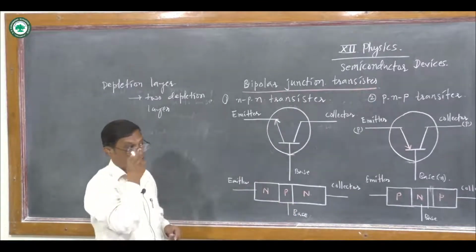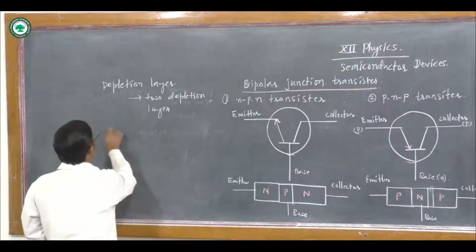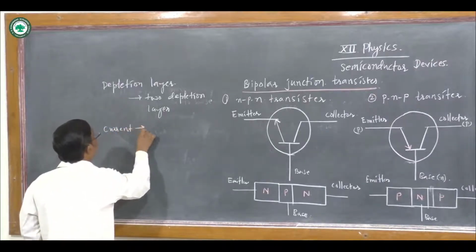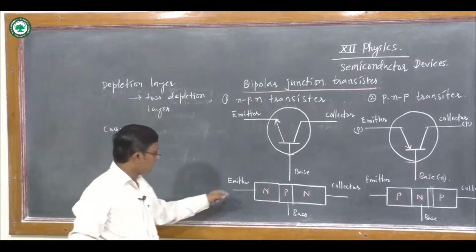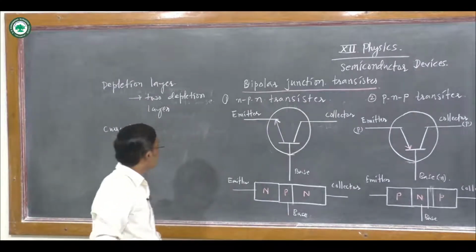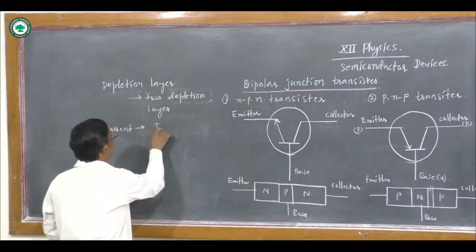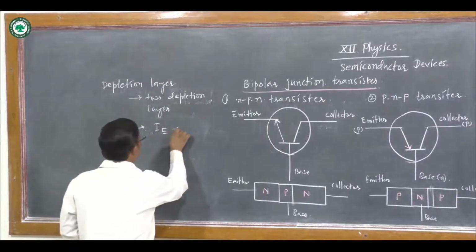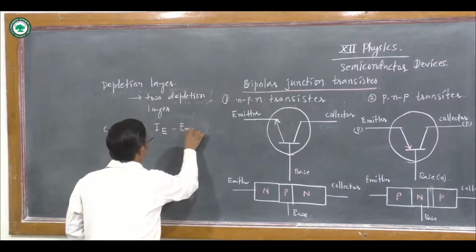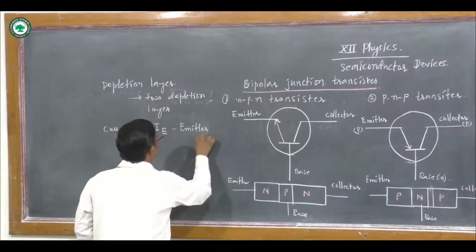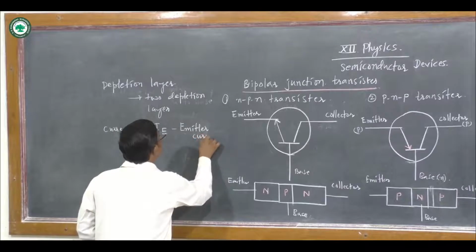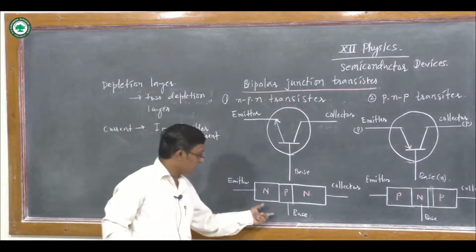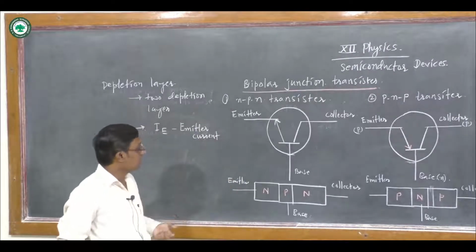Then the currents, let us talk about the current. The current which is flowing through the emitter and base is the emitter current, denoted by IE.